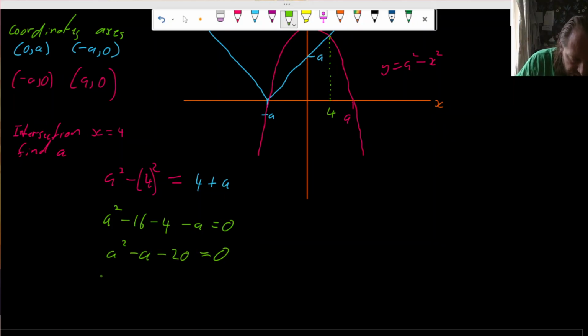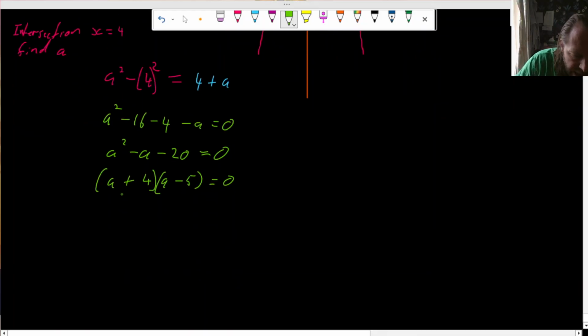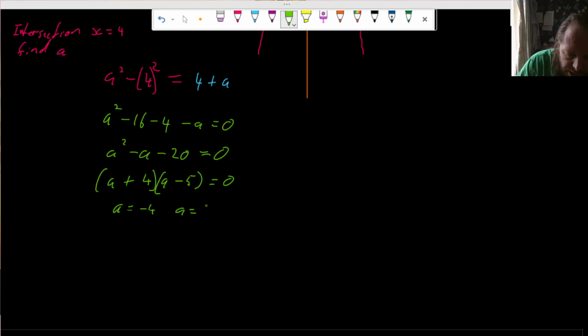So that gives me some factorizations. 4 and 5. Let's have a minus 5, a plus 4, meaning that we've got a equal to minus 4 and a equal to plus 5.